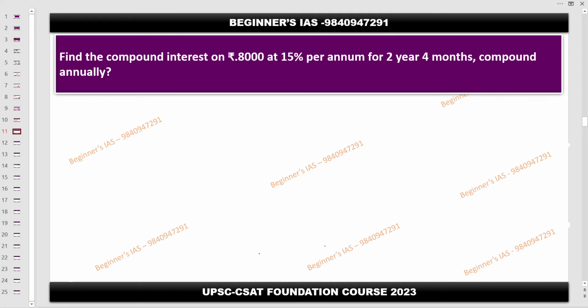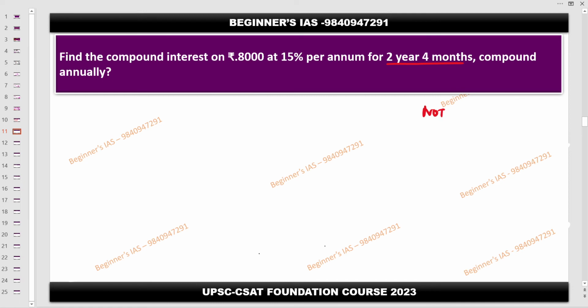Find the compound interest on rupees 8,000 at 15% per annum for 2 years 4 months, compounded annually. Listen, why I provided this question is that it deals with years and months.